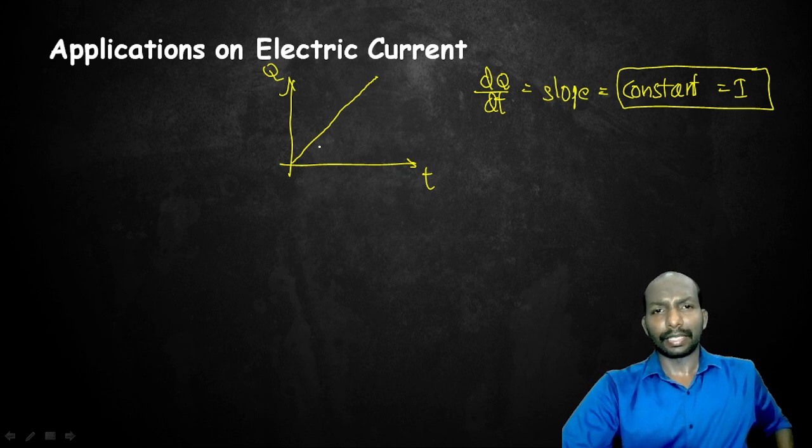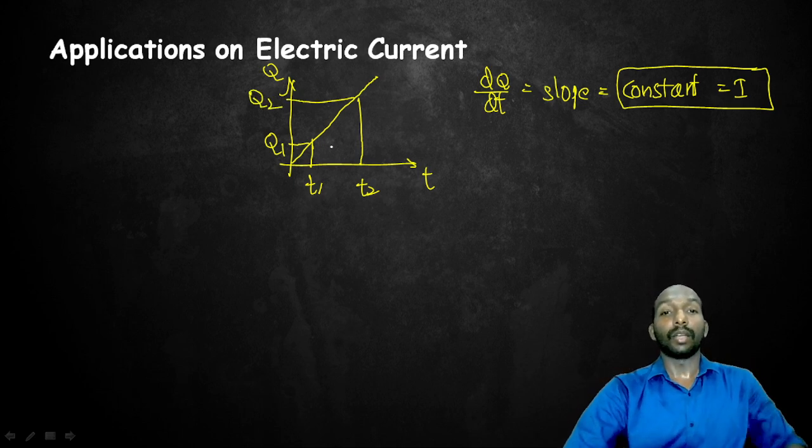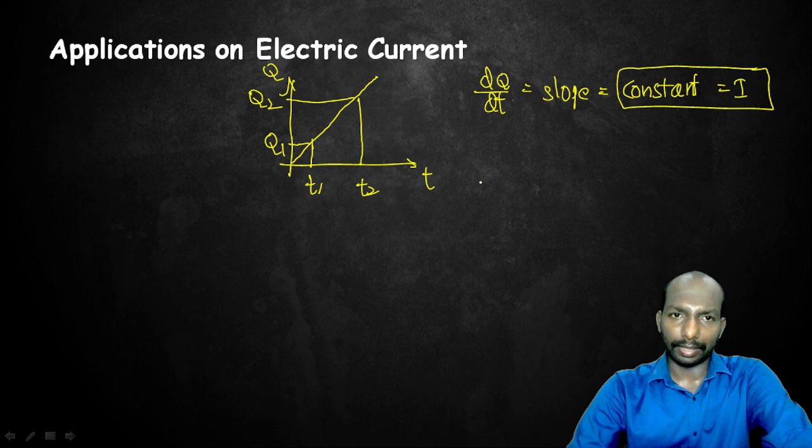Suppose at time t1 the amount of charge crossed is q1, and at another time t2 the amount of charge crossed is q2. Now I want to find how much current is there.